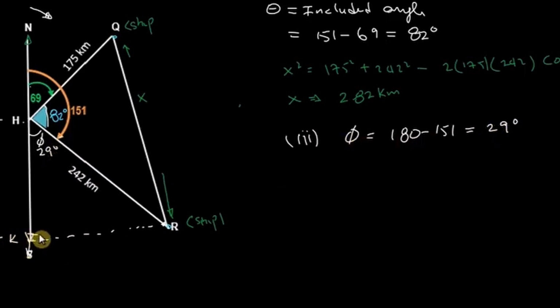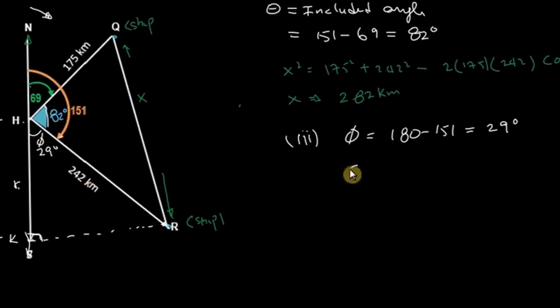Of course, this we have projected as a right angle. So let's call this distance small r. So r, which is what we are required to find in kilometers, if we relate it to the cosine of the angle, we could say cosine of 29 degrees is equal to r, which is adjacent, over 242.